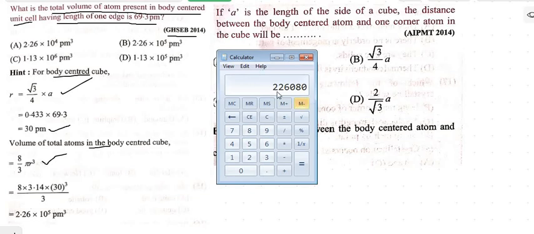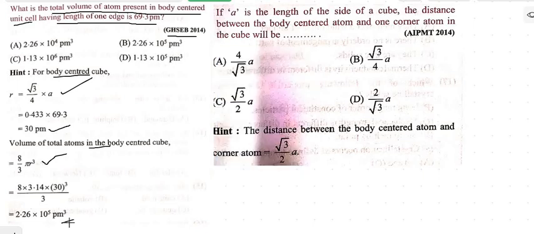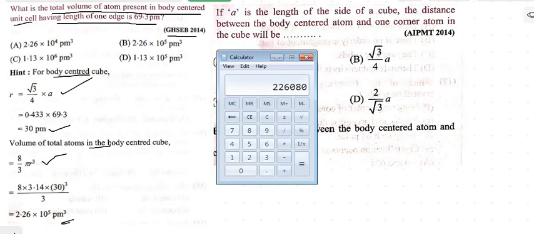Which is again very close to this answer. Yes, it's picometer cube because it's again a volume. Okay, you can use calculator, 2.26 into 10 to the power, so you are getting the same answer. Okay, so I hope this is clear.